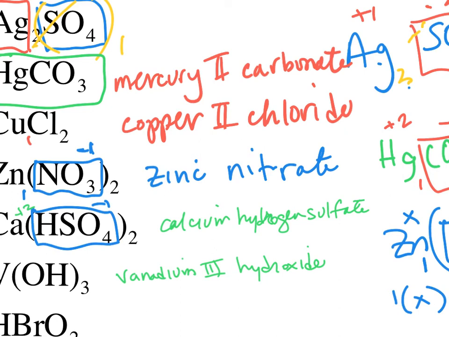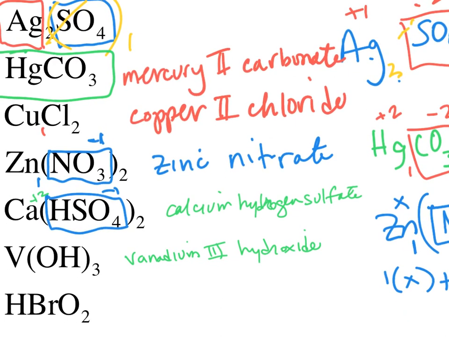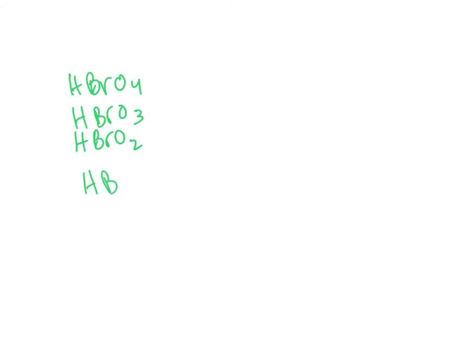And then the last one's tricky, HBrO2. With HBrO2, remember the series. We're looking for HBrO2, but in fact, there's this series, right? HBrO4, HBrO3, HBrO2, and HBrO.